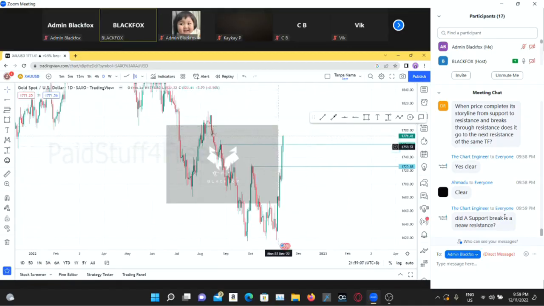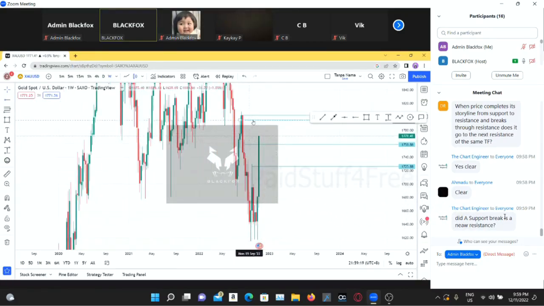If daily breaks also, then the last level is this resistance and QM. Because this one up here is the weekly storyline also. So just wait for the weekly storyline to complete.